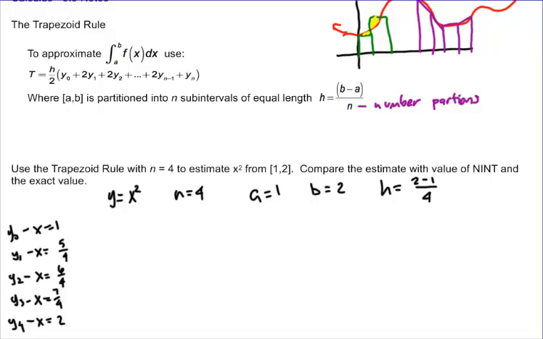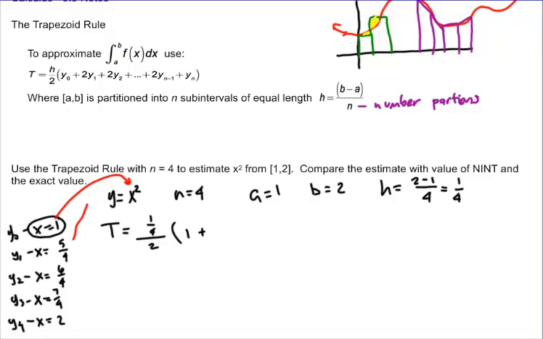Well, I set my trapezoid rule up to be T equals h, which is 1 over 4, divided by 2. So 1/4 divided by 2 times y0. Well, that's when x is 1. So you take that 1 for x and you put it in here for y. y equals x squared, that's 1 squared, which is 1, plus.